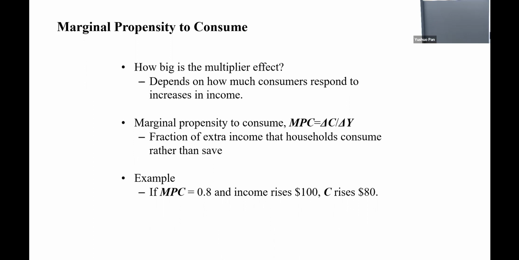With the new income, consumers decide how much to consume and how much to save. For example, if MPC equals 0.8, when income rises $100, consumption rises $80, which means the consumer uses $20 as saving.